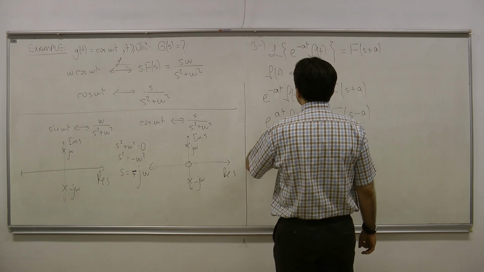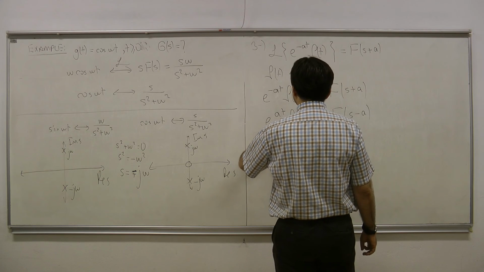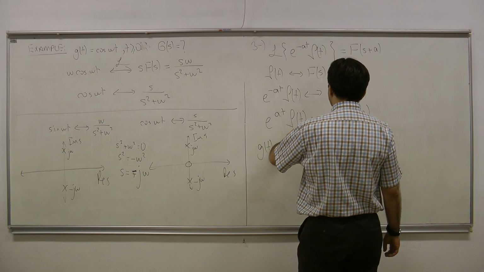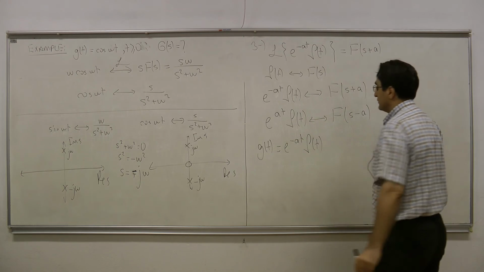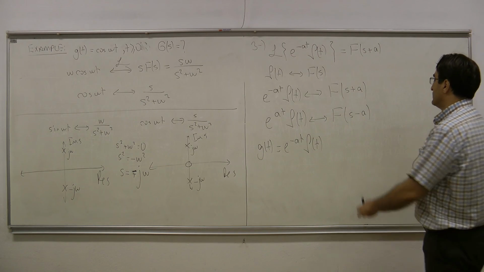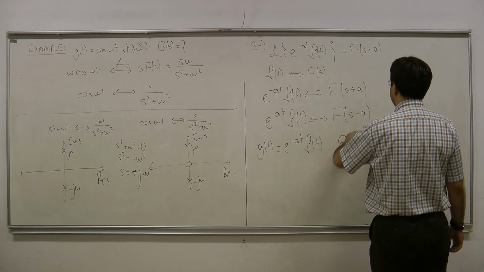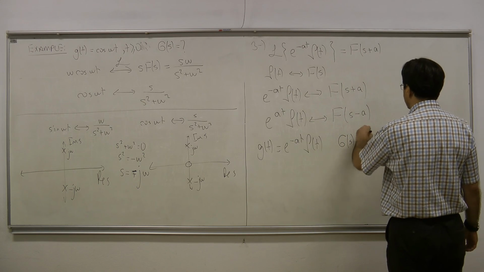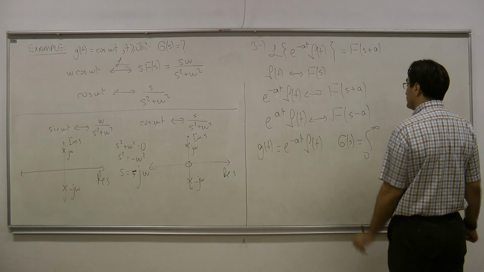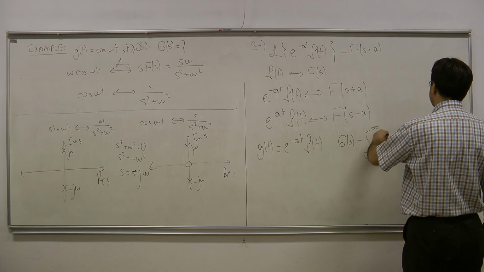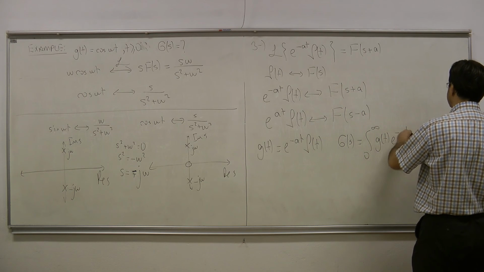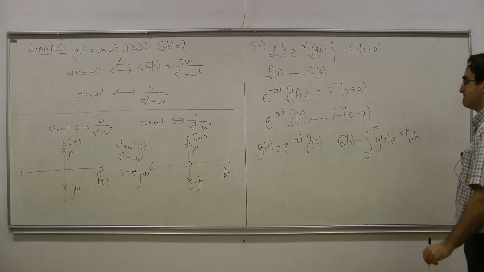So here, let me call g of t equal to e to the minus at times f of t. Okay? Then what is the Laplace transform of g? It is capital G of s, and by the definition of Laplace transformation, it's going to be the integral of g of t e to the minus st dt.